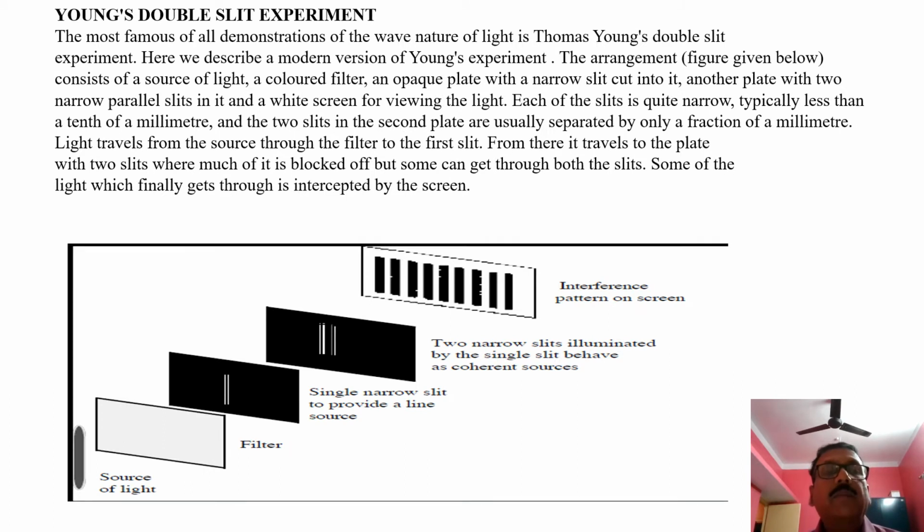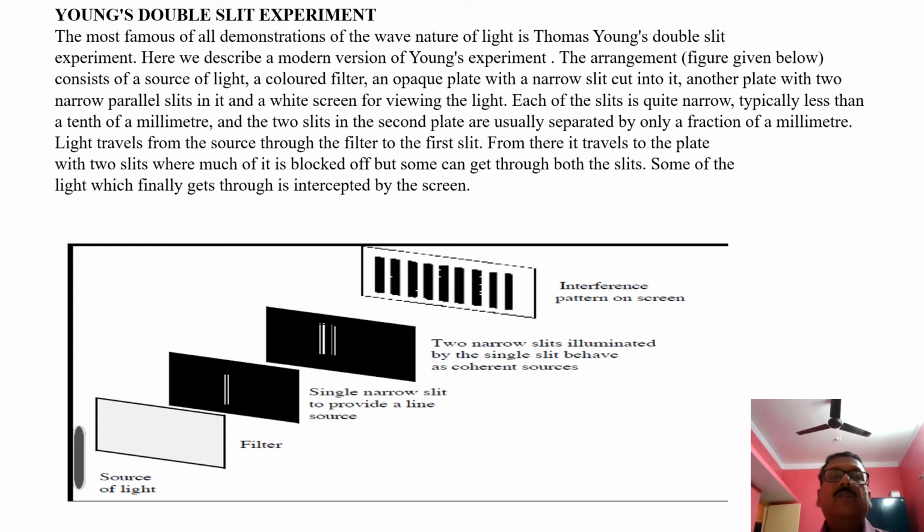Young's double slit experiment. This is the first experiment which showed the phenomenon of interference of waves in the laboratory, that means interference of light. This experiment is popularly known as Thomas Young's double slit experiment.